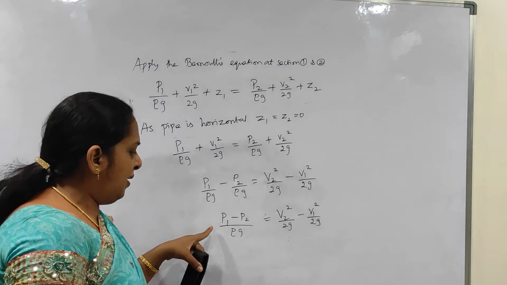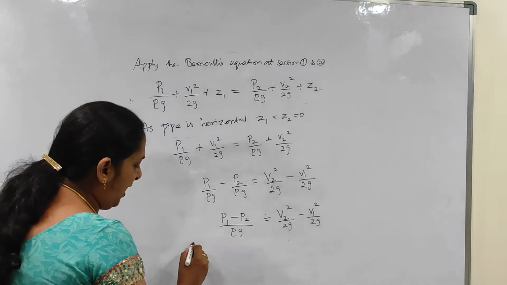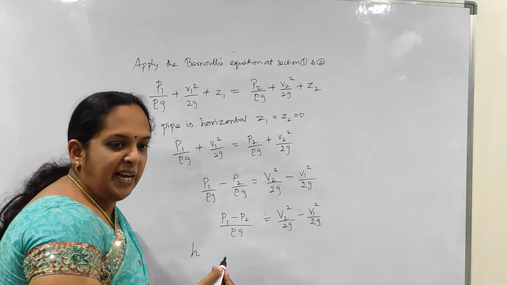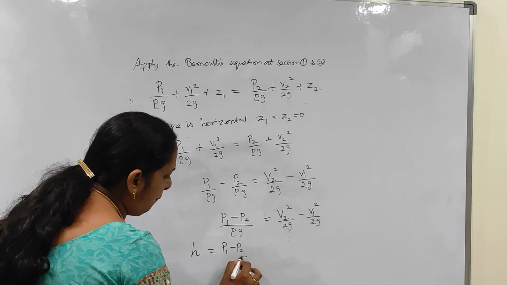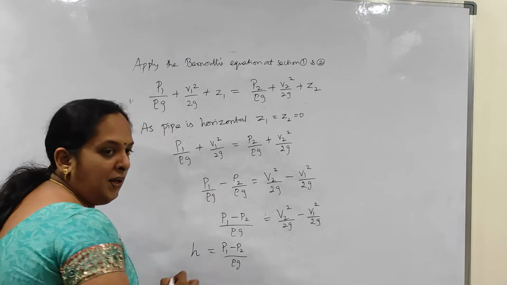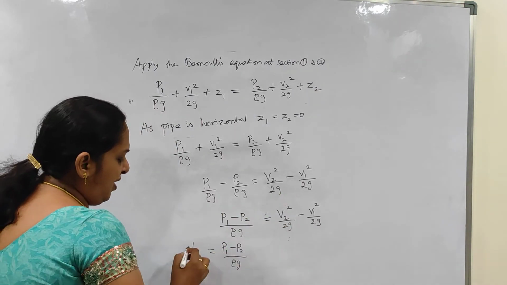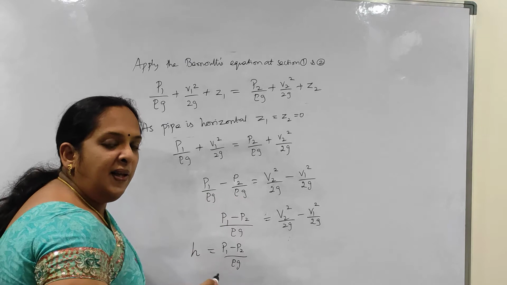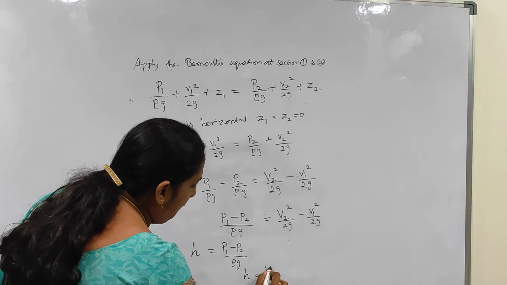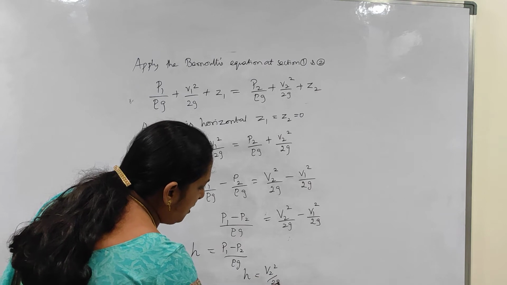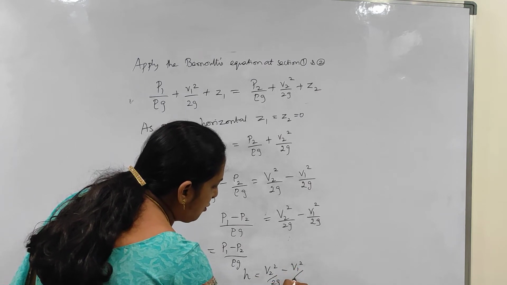This difference in pressure head is otherwise said to be H, the head. I am going to substitute this with H, the difference in pressure head. So H is equal to V2 square by 2g minus V1 square by 2g.